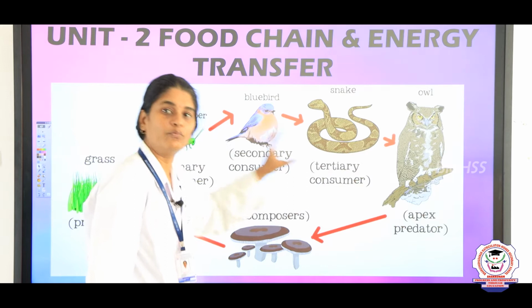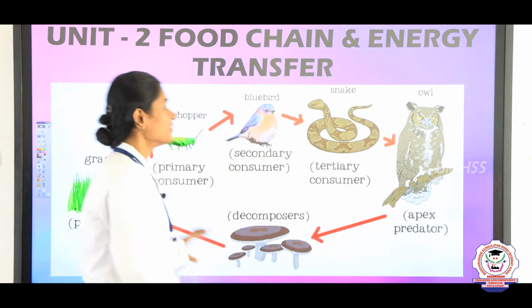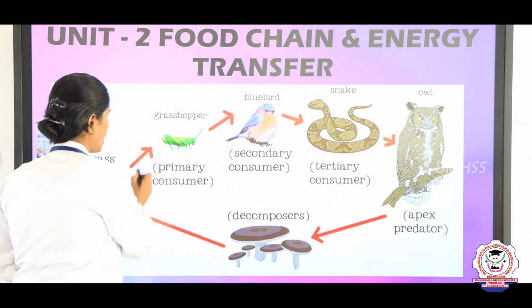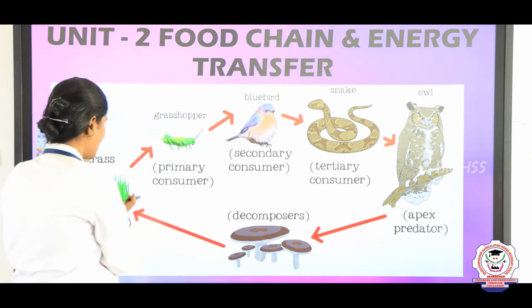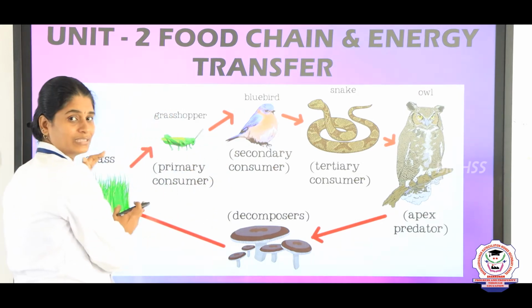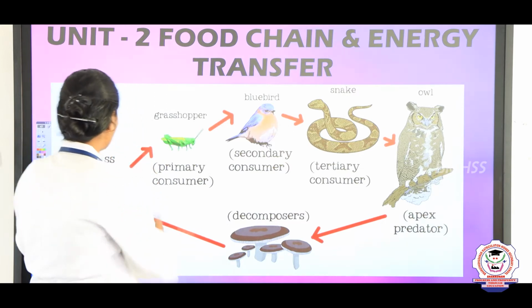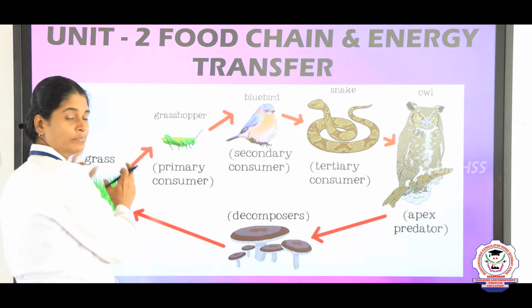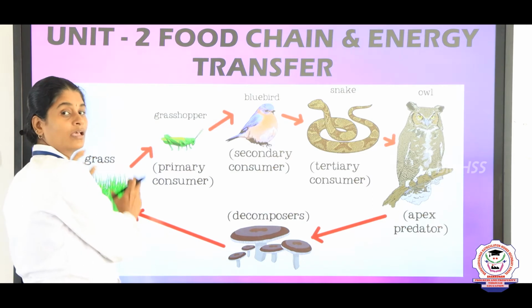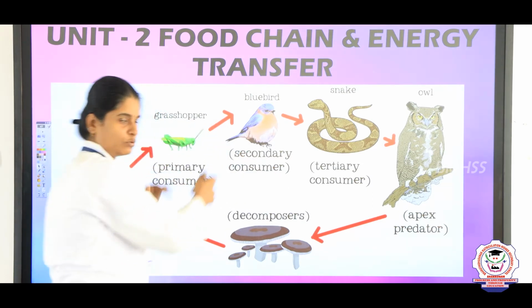Here we can see the arrow mark. The food chain always shows a diagram, or it represents a picture of what animal eats and what it is eaten by. The arrow mark shows that this organism, this living thing, is eaten by the next, right? It means that from this living thing, the energy flows.